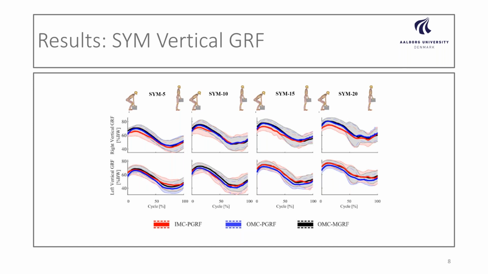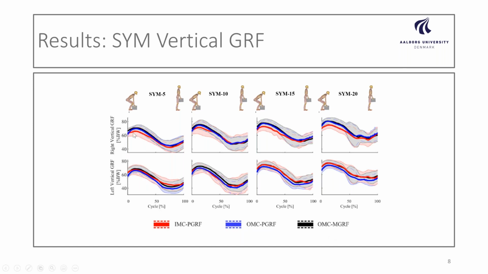So the first result I will show here today is the result for the symmetrical lifting, more precisely the vertical ground reaction force. So here we can see we have both the right and the left foot, and this is really important because this is one of the only direct comparisons that is feasible to see here in this study. We have the inertial motion capture model with the predicted ground reaction force in red, and we have the optical motion capture model in black here.